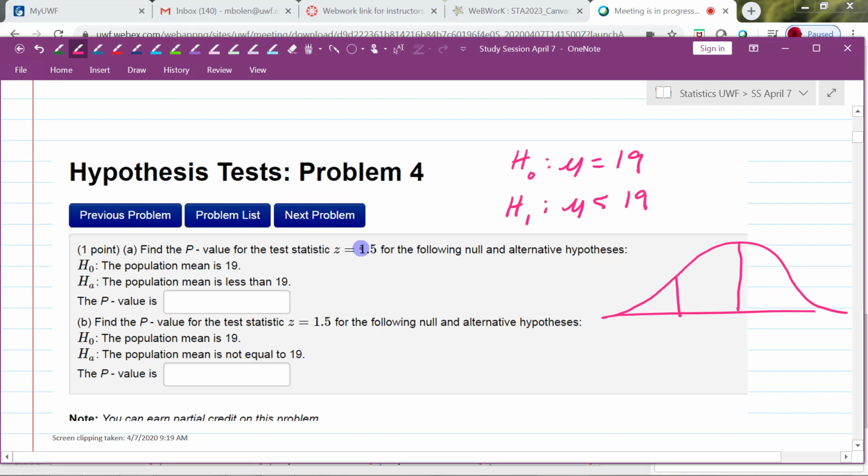I don't like this problem because one of the ways I tell my students to be careful when you're taking my exams: if you end up having a hypothesis that says your area of interest, your rejection area, is right here to the left, and then you end up with a test statistic that's positive, that is a clue. In reality, that's a clue that you've got something backwards.